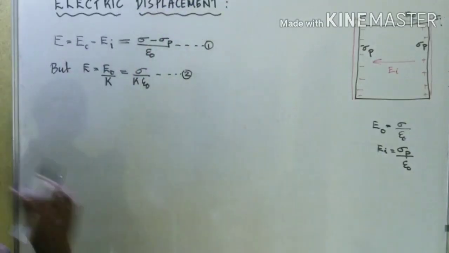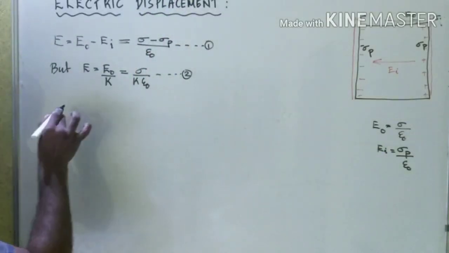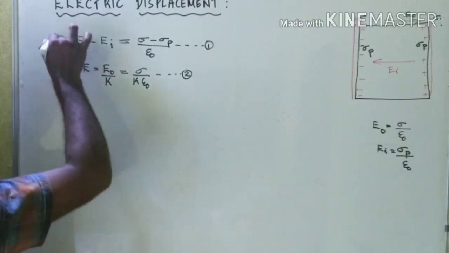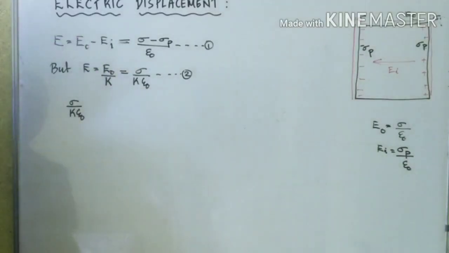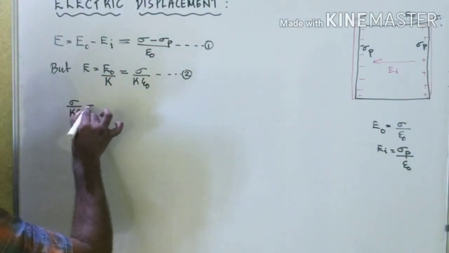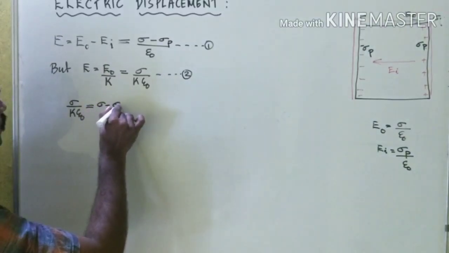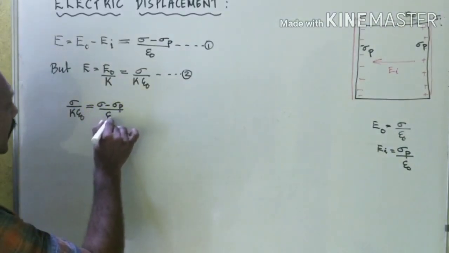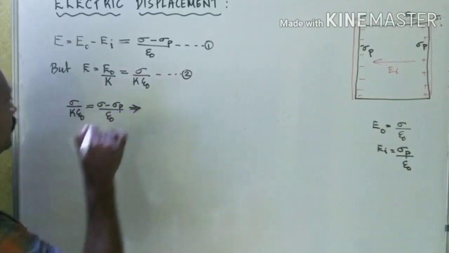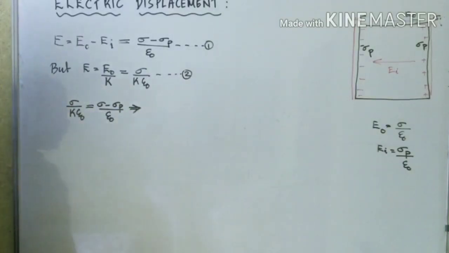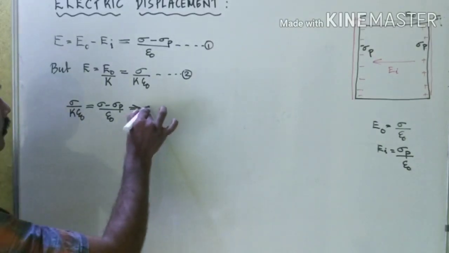Now we can use equations 1 and 2. Then we can write sigma by K epsilon 0. That is the left side of this. Both the left sides are the same, which means the right sides also must be the same. Sigma by K epsilon 0 is equal to sigma minus sigma p divided by epsilon 0. On both sides we have epsilon 0 as a denominator, which can be cancelled.